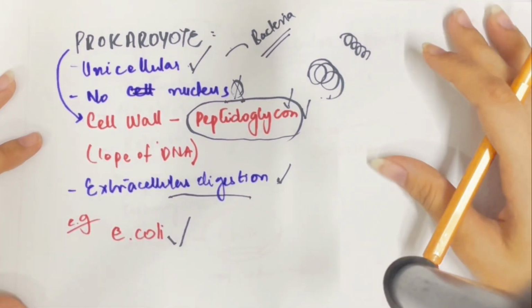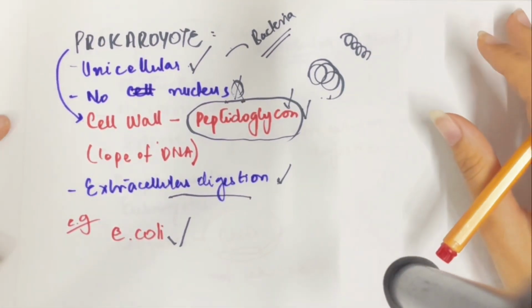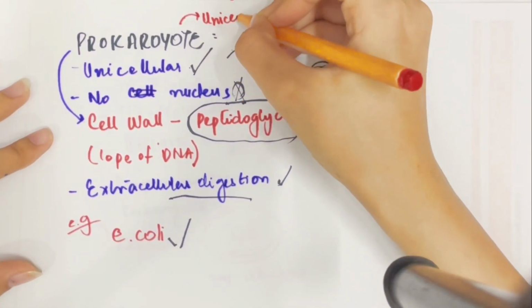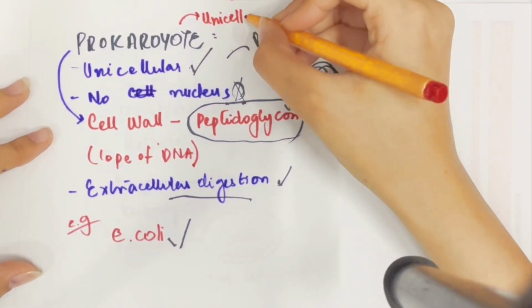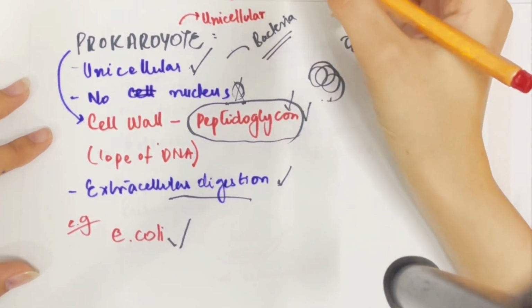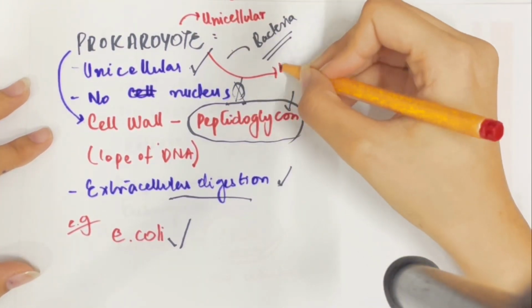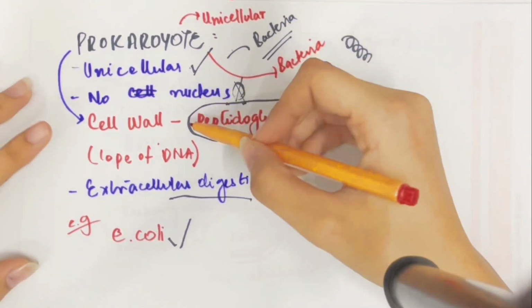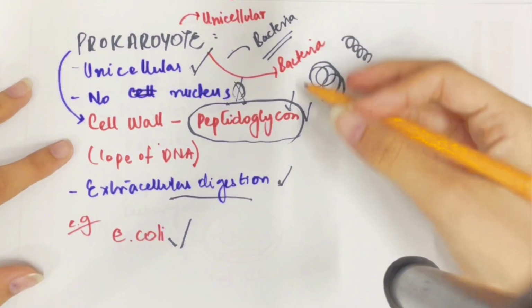Next, let's discuss the kingdom Prokaryota. The kingdom Prokaryota is unicellular. Like I've told you, only the kingdoms Plantae and Animalia are multicellular. All the rest are unicellular. Prokaryota mainly includes bacteria in its group. They have no nucleus and the cell wall is made of peptidoglycan.